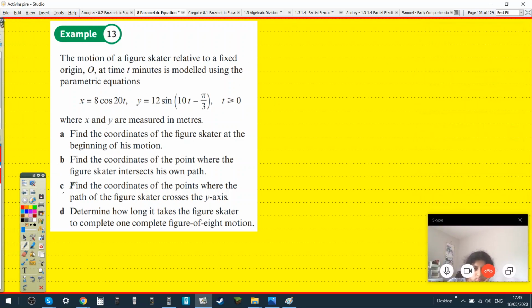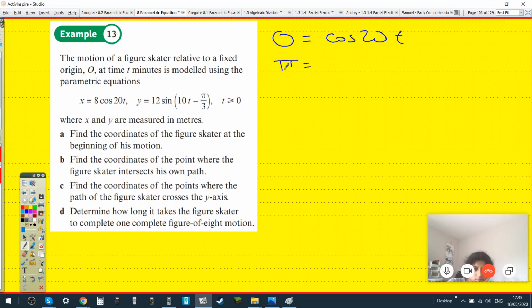So we have 0 equals 8 cos 20t, we divide by 8. So pi over 2 was equal to 20t, was it? Mm-hmm. And we have to keep that in a bracket, I believe. We would get all of our other answers for cosine, and then we would divide them all by 20.